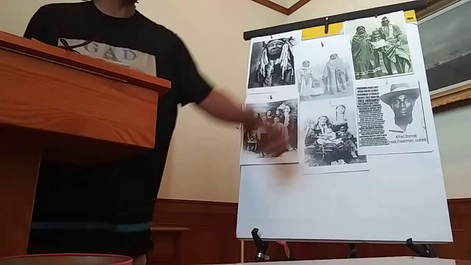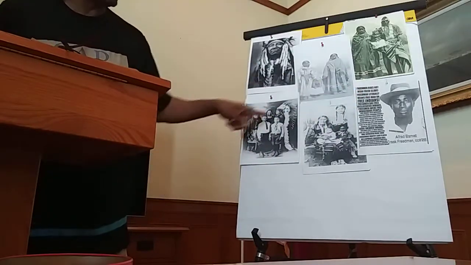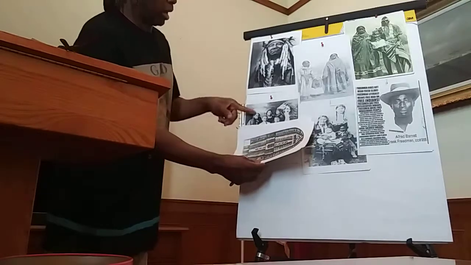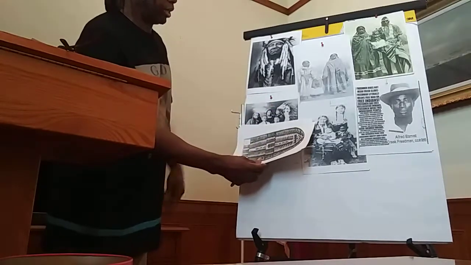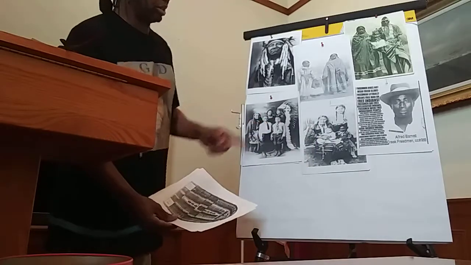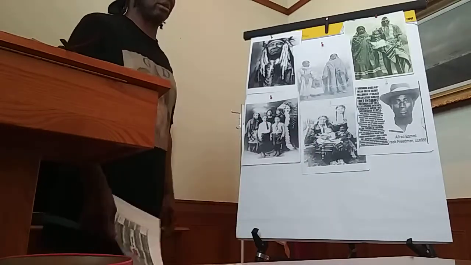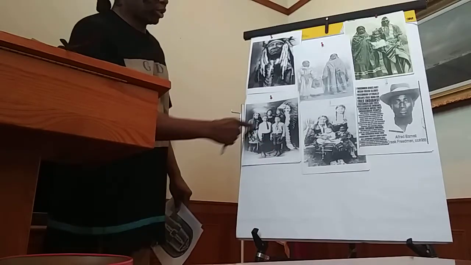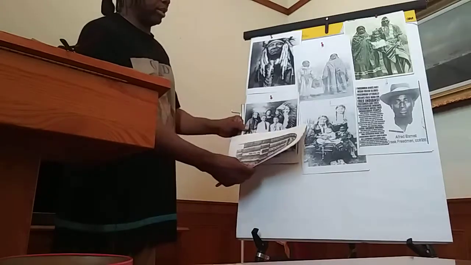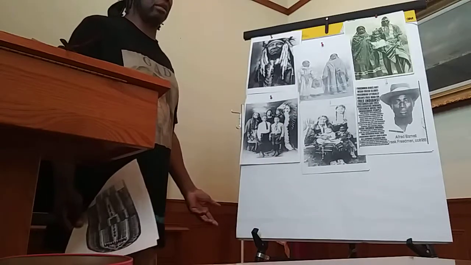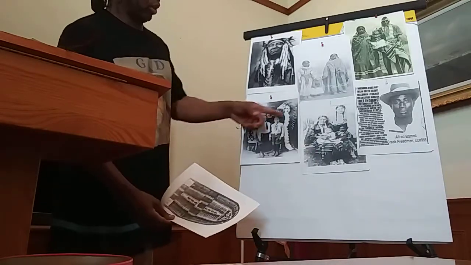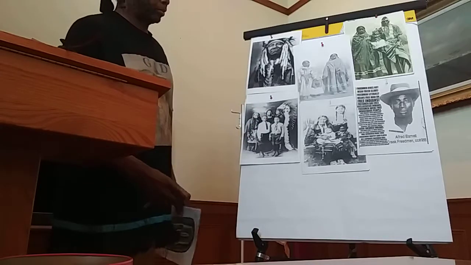Does this look like these Mongoloid Indians, the mother and the father, the chief over here? They don't have them in rags with no shoes on. Look, they got brand new shoes on, shirt and tie. They look proud to have these as their family members, whether they adopted them or not.